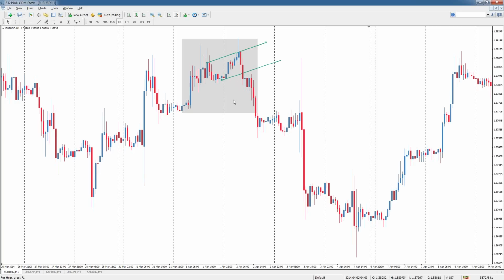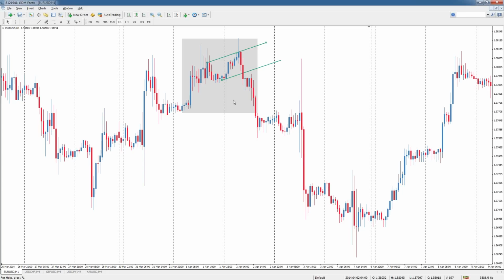There we go. To correspond, the lower line of the equidistant channel to correspond with my neckline. So there we have it. We managed to mark a double top formation, which, as we can see, is not perfectly level. It's not very beautiful, but still works just as well for us.